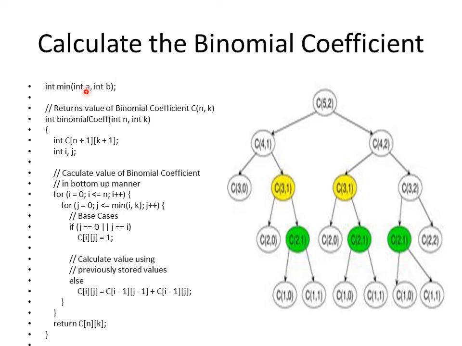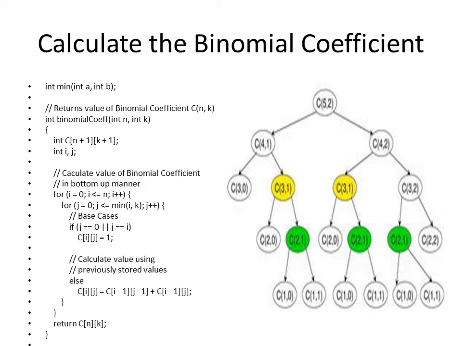Int C is a two-dimensional array: in one dimension I put n plus 1, and in the other dimension I put k plus 1. I am also initializing two variables, i and j.